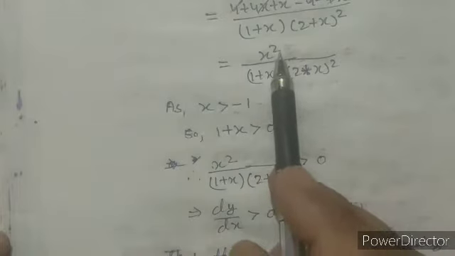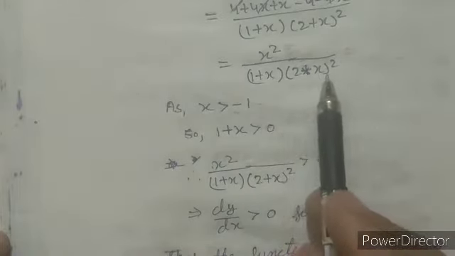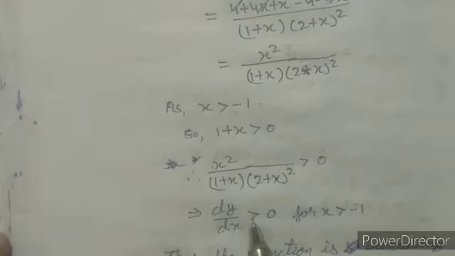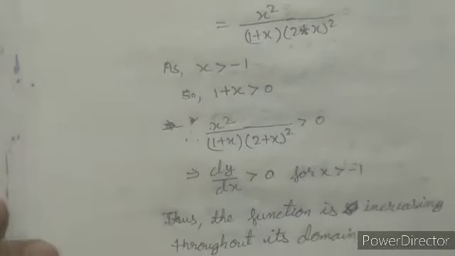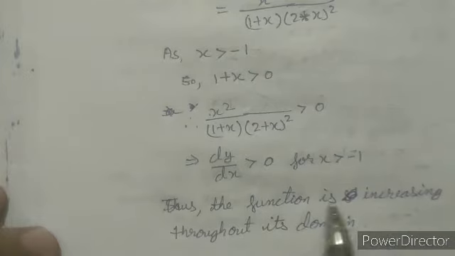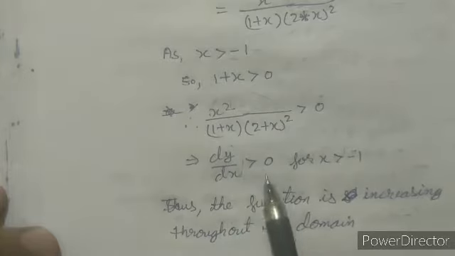This means that x square upon (1 plus x) into (2 plus x) whole square will be greater than 0, or we can say that dy by dx is greater than 0, for x greater than minus 1. Thus the function is increasing throughout its domain, as the derivative of the function is greater than 0.